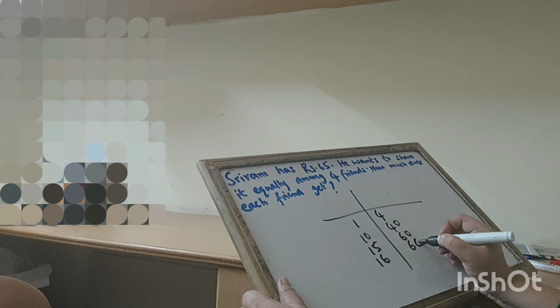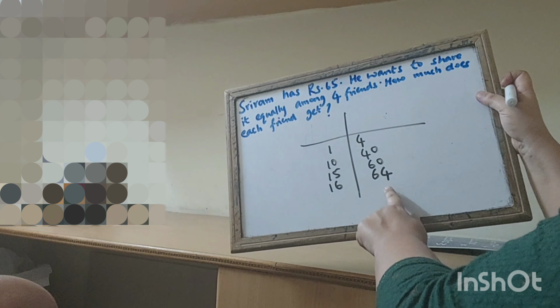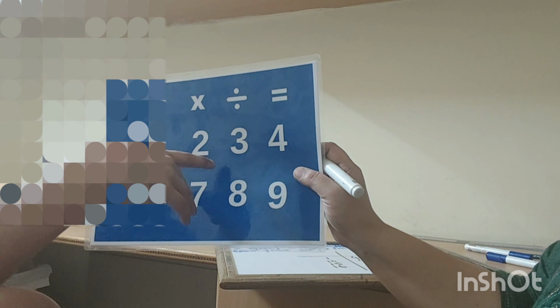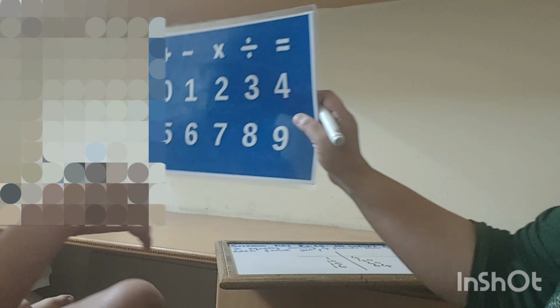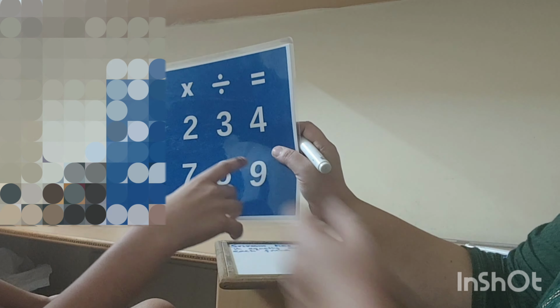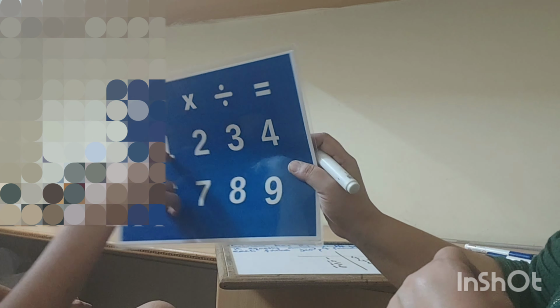If he gives 16 rupees, he will give them 64 rupees in total. And there will be 1 rupee left. If he gives 16 rupees per friend, how much will he have left? Sit properly. You will have 1 rupee left.